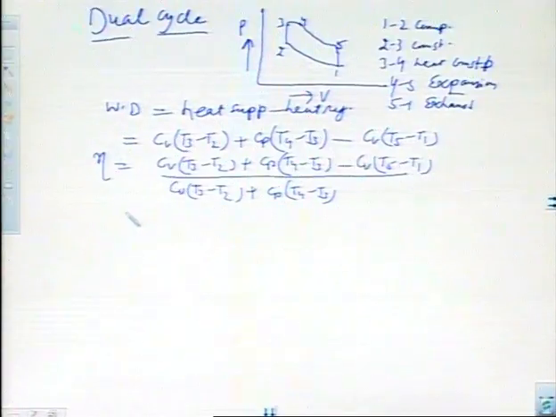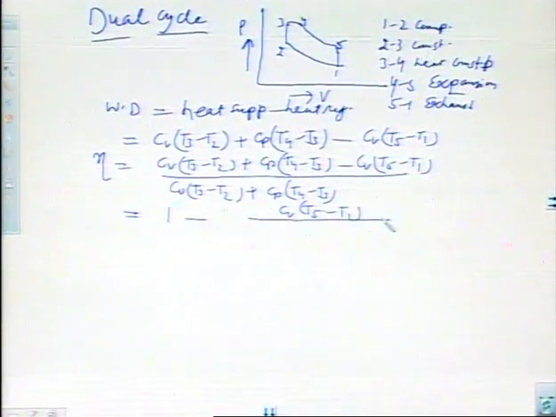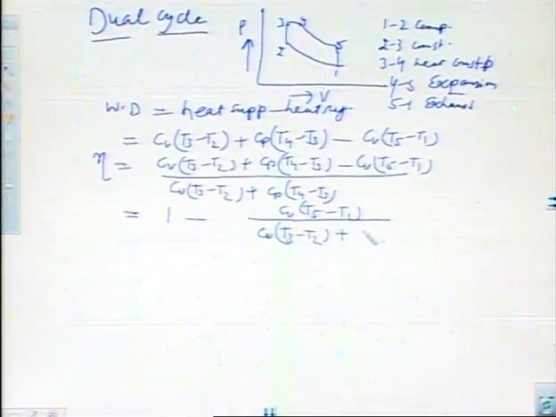So, it can be further derived: 1 minus CV T5 minus T1 divided by CV T3 minus T2 plus CP T4 minus T3.